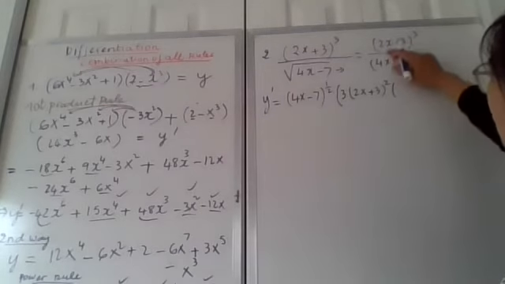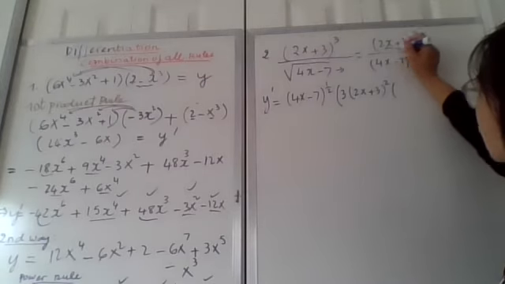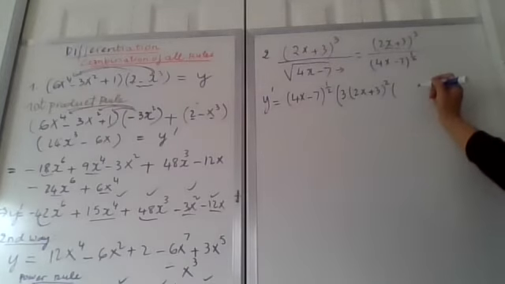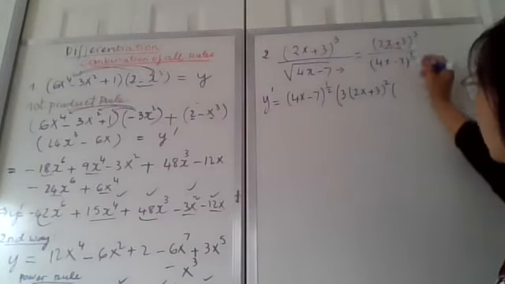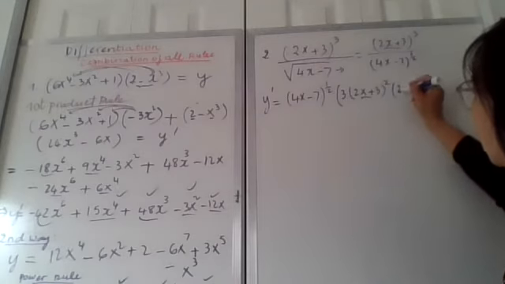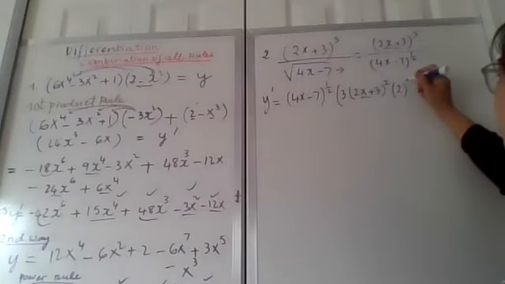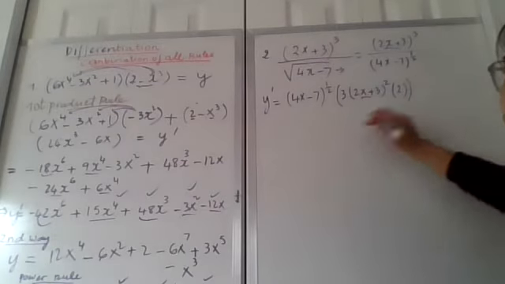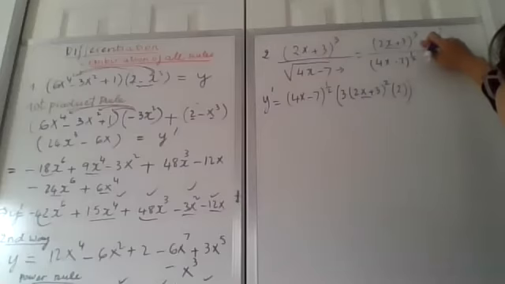However, we have to take the derivative of the inner function. With this, we call it the chain rule, right? So this is a combination of the quotient rule and the chain rule. Now the derivative of the inner function, times 2, right? The derivative of 2x is 2. So we're done. We keep the bottom the same and take the derivative of this one.